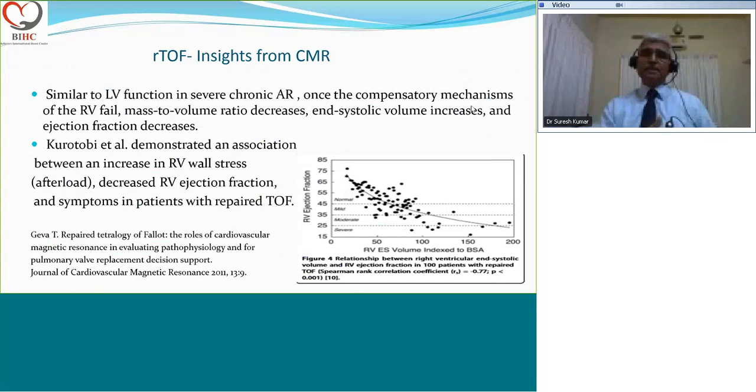There's more volume and less mass. So the end systolic volume increases and the ejection fraction decreases. If you look at this curve, this is ejection fraction on the y-axis and end systolic volume, both for the right ventricle, on the x-axis. And what do you find? As the end systolic volume increases, the RV ejection fraction is steadily decreasing.